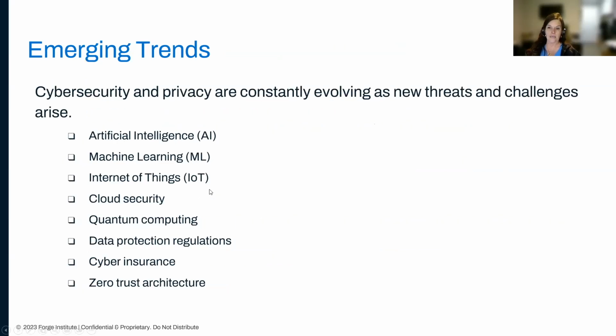And then in the end, we have emerging trends. I say they're emerging as they're up and coming, but for the most part, it's all here. When it comes to cybersecurity and privacy, it's constantly evolving, with new threats and challenges that arise each day. AI, the artificial intelligence, you hear about that all the time with Bard and ChatGPT and all the other different types of artificial intelligence out there.